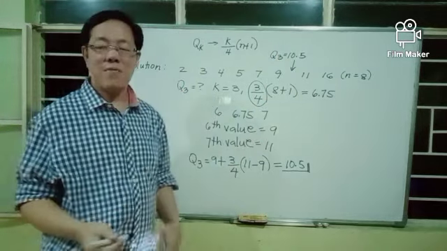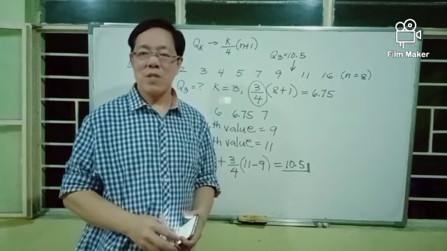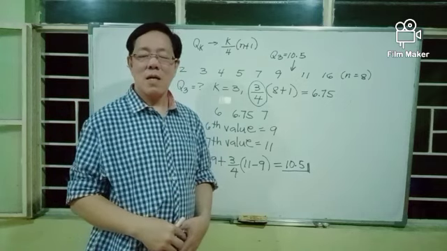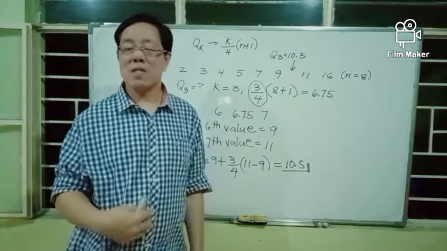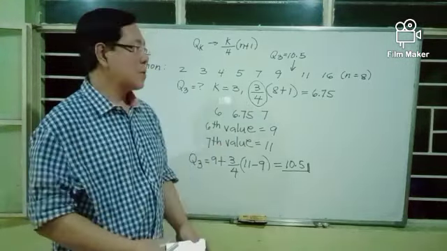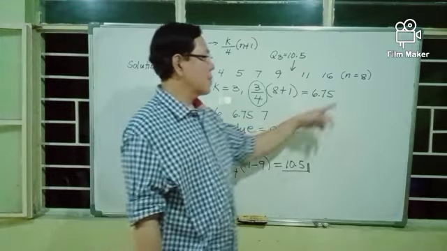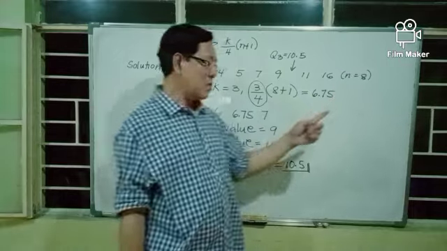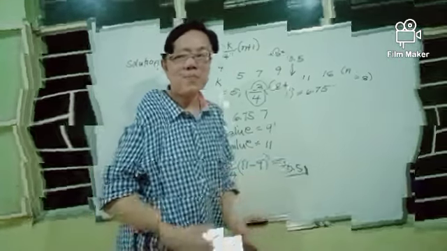Now we check the definition of the third quartile. The definition of the third quartile says that at most 3/4 of the measurements or values are below the third quartile, or 3/4 of 8, the number of values, are below or less than 10.5.